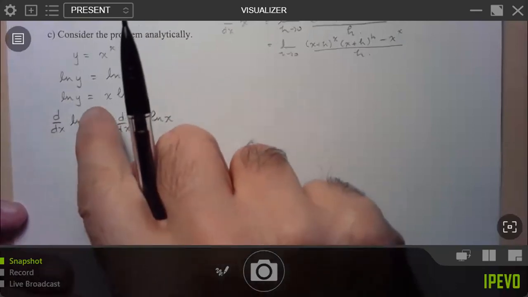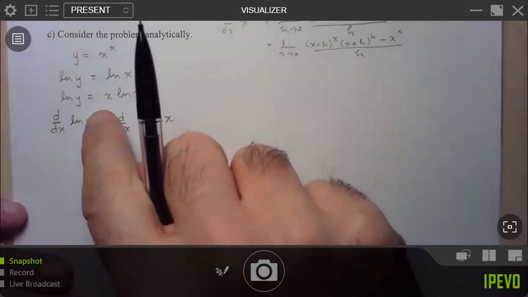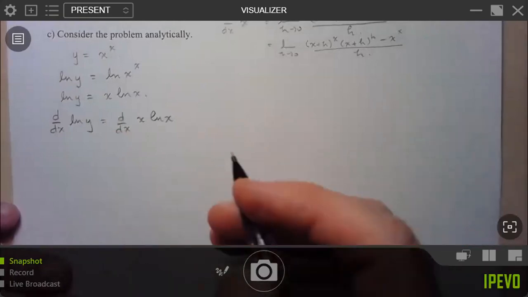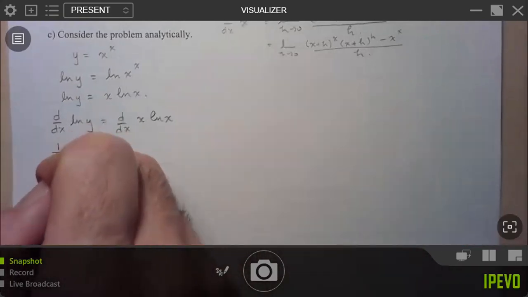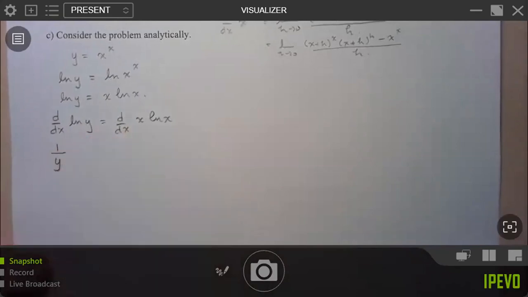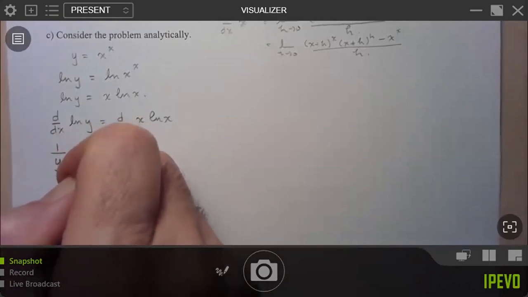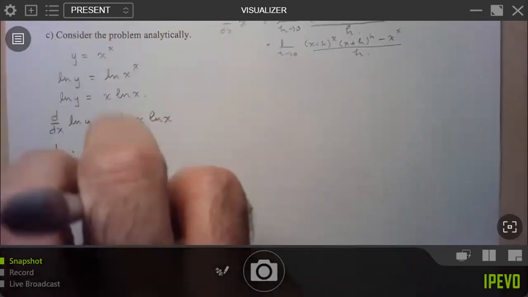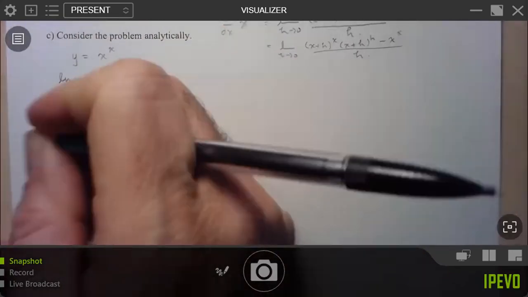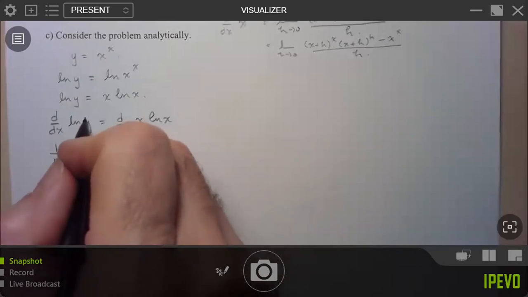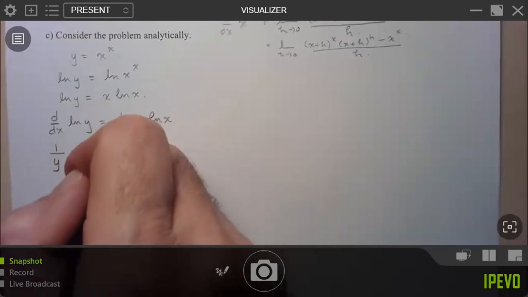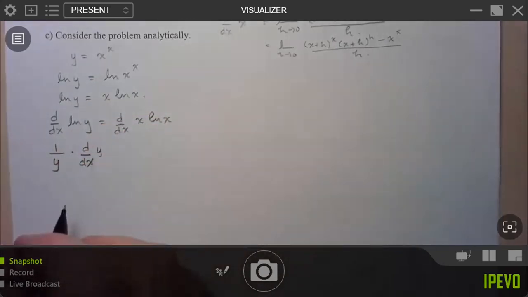I have to first take the derivative of the outside function. So think of this as ln u. What is the derivative of ln u? Well, it's just 1 over u. And then I have to multiply that by the derivative of the inside function with respect to x.